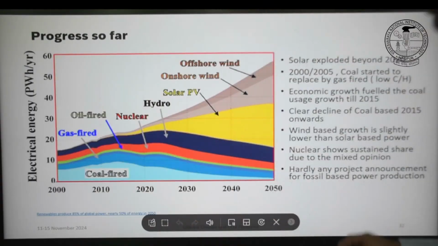But on this issue, there are still a lot of differences in opinions. So that's an interesting case. And in India, I think we are going nuclear as much as possible. So there are big plans for us to install nuclear power.